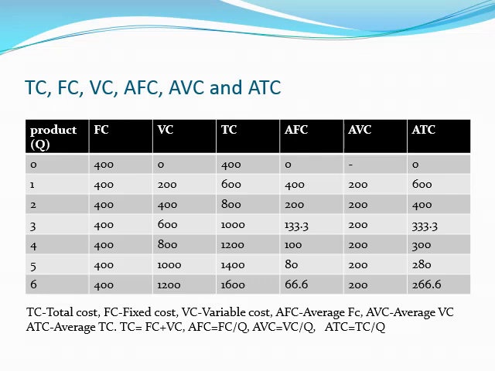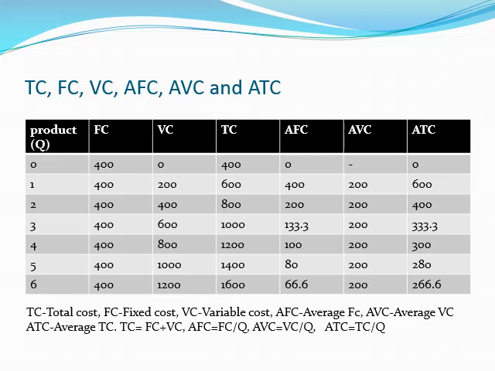So last, the production equals 6, variable cost equals 1200, total cost equals 1600, average fixed cost equals 66.6, average variable cost equals 200, and average total cost equals 266.6.